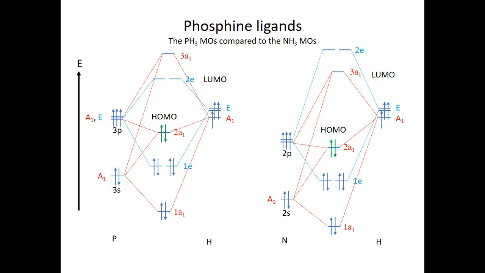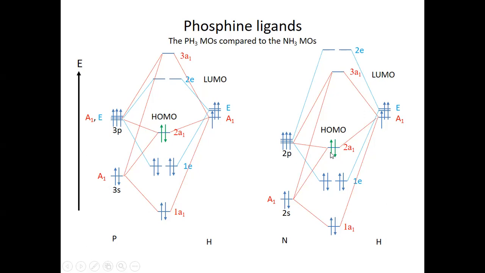phosphine versus ammonia. So you see the 2 molecular orbital diagrams here for ammonia and for phosphine over there, and you see that the bonding molecular orbitals are pretty much the same here. We have the 1a1, and then we have these 2 1e orbitals, and we have the 2a1 as the highest occupied molecular orbital.